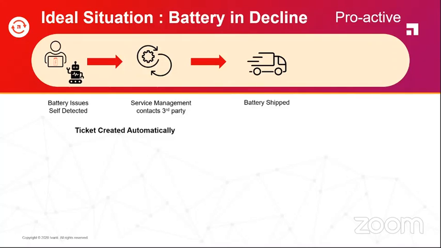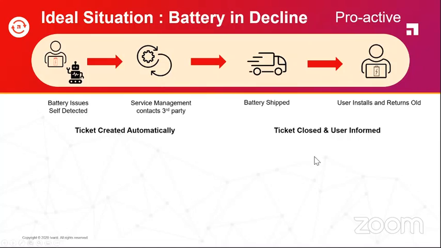Often, as this was caught early, the battery was still in warranty and expensive replacement costs were avoided. The new battery was shipped to the end user before the end user even knew that the battery was failing. The ticket was closed and the problem was solved.